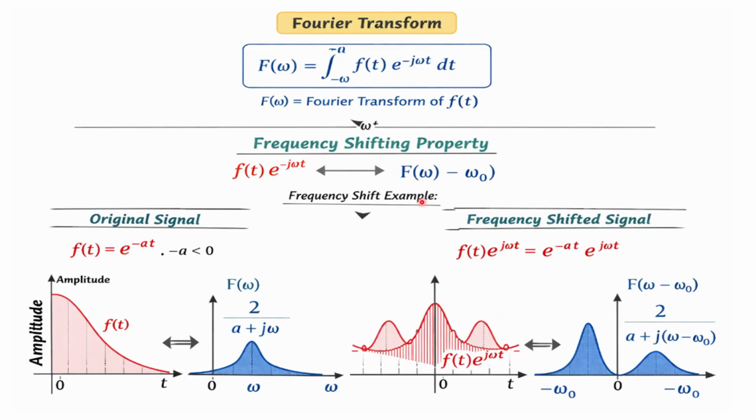By using this property, your frequency will be shifted, right? So here it is f(t) times e to the power j omega t, and here is its transform. You can see now your frequency is shifted by omega minus omega naught, so it is distributed from here to here, right? In this way, the frequency shifting property tells you how to shift the frequency in the frequency domain using the Fourier transform.